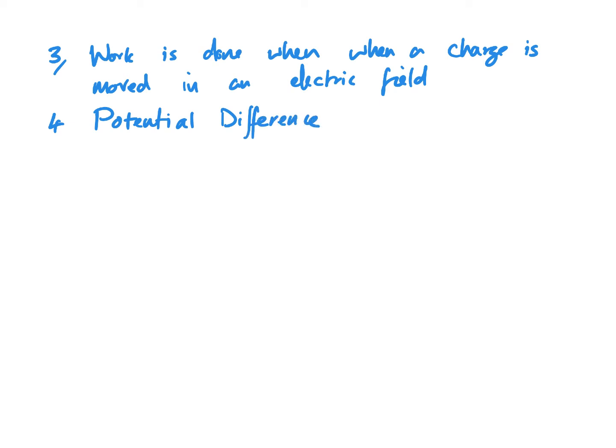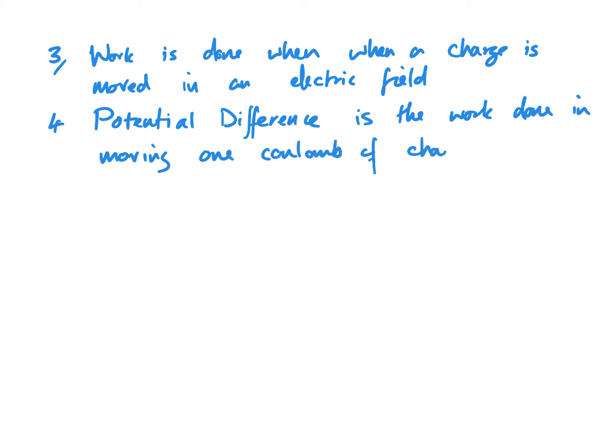So the definition of potential difference is the work done per unit of charge, or in moving 1 unit of charge, 1 coulomb of charge, between 2 points. We met those units back in that 5.